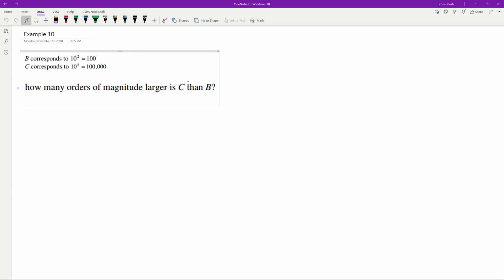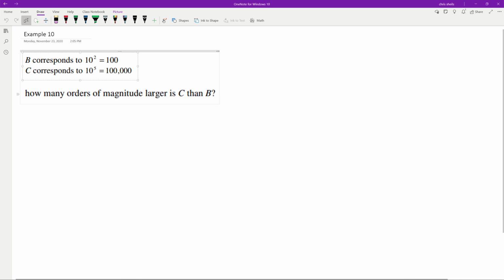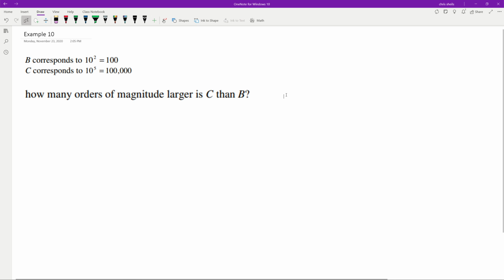Let's look at a fast example. In a previous problem that we didn't go through, but in a problem that's in the textbook, we had some b that corresponded to 10 squared, or 100, and a c that corresponded to 10 to the fifth, or 100,000. And the question here is, how many orders of magnitude larger is c than b?